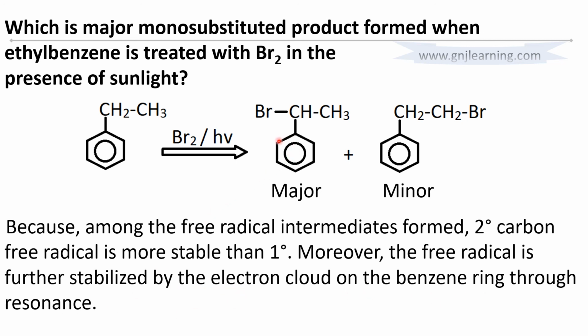This benzene ring is very near to this carbon, isn't it? So it is rich in electron density or negative charge. It will slightly compensate for the electron deficiency on this carbon through resonance, which we will learn in detail later. Okay, so that's the reason.